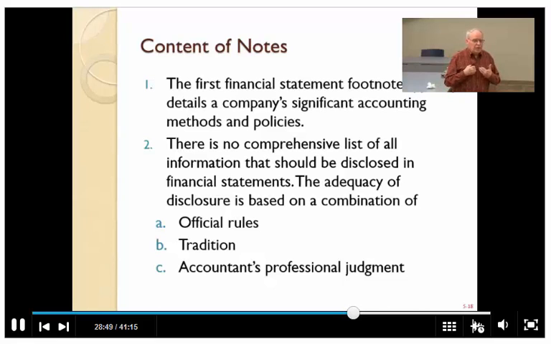If there's an odd-looking item on the balance sheet or income statement, we try to provide an explanation. The idea, we said on day one in this course, is that the purpose of accounting is to provide information to external users, so we're trying to clarify, not confuse.